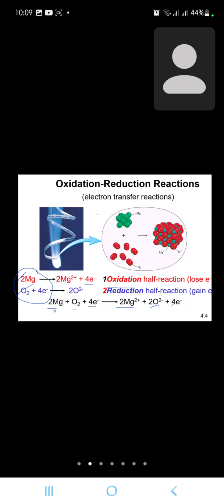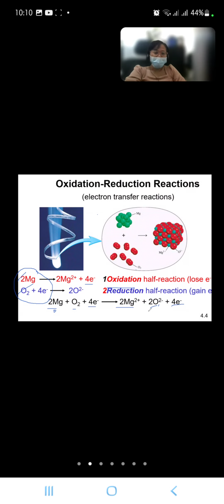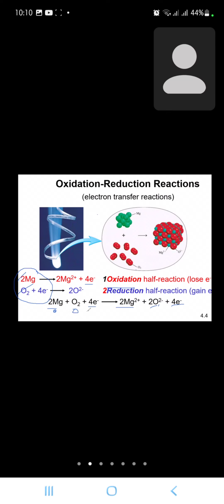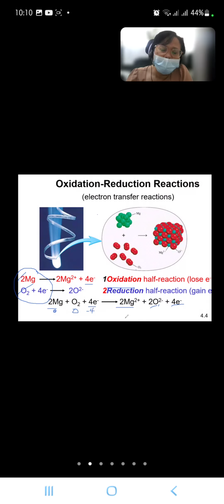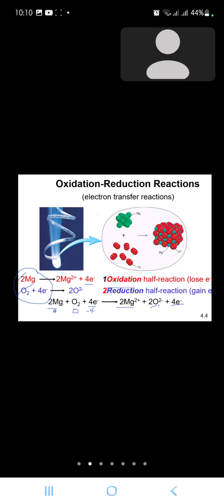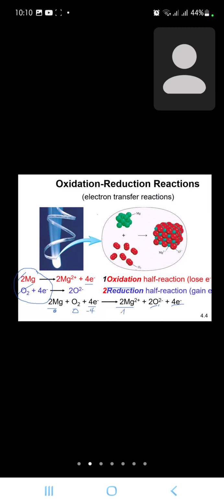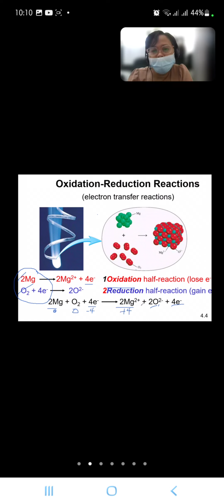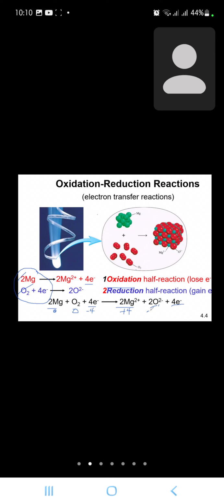On the left side, 4 electrons, and likewise 4 electrons. So with respect to the number of atoms, the equation is balanced. Now, how about the charge? Magnesium has no charge, so 2 times 0 is 0 charge. These 4 electrons give negative 4. On the product side, we have 2 times positive 2, so this is positive 4. And 2 times negative 2 is negative 4.